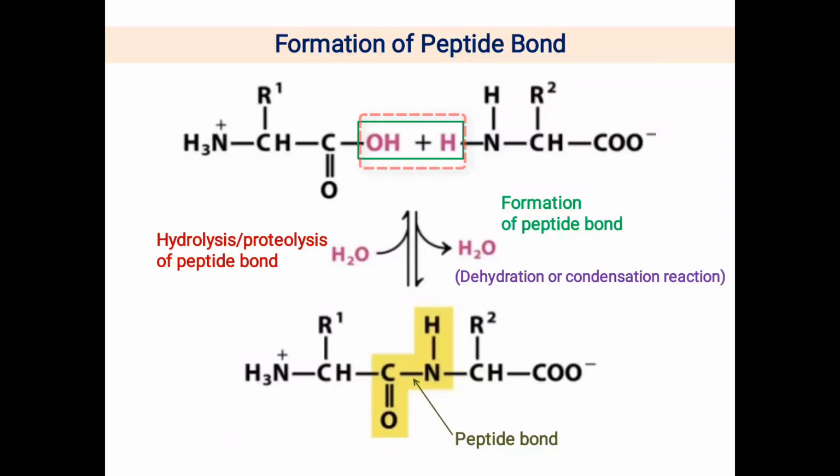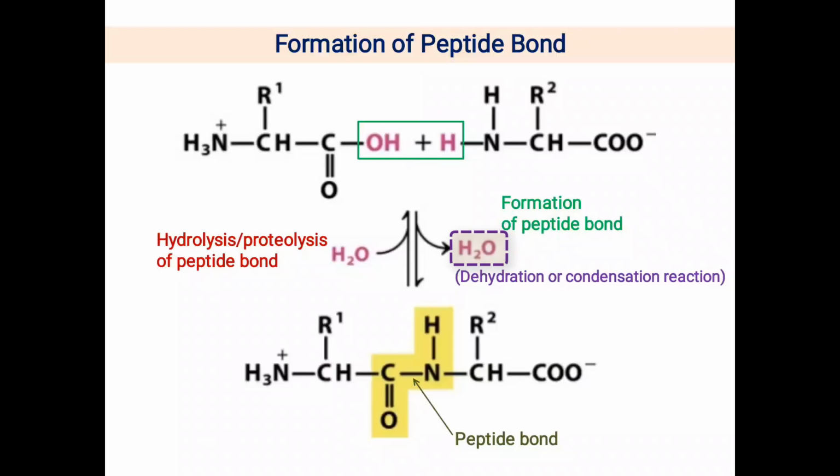You can see here that the hydroxyl group of the carboxyl group of the first amino acid combines with the hydrogen of the amino group of the next amino acid to form a peptide bond, which is highlighted in yellow color in this structure, with the removal of a water molecule.